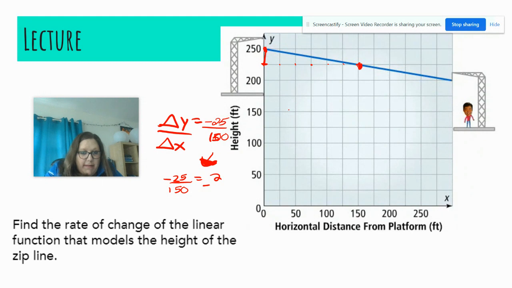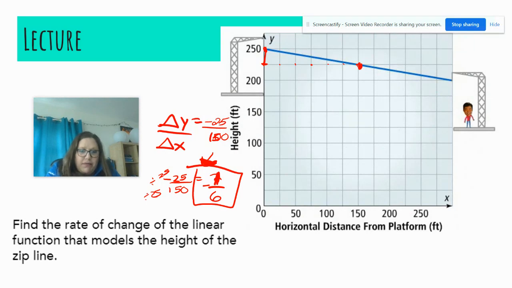You can't go up on a zip line, that's just not scientifically possible. So negative 25 divided by 25 would be 1. Negative 150 divided by 25 would be 6. So your rate of change is negative 1/6. And that kind of means that you are going down a foot every 6 seconds.